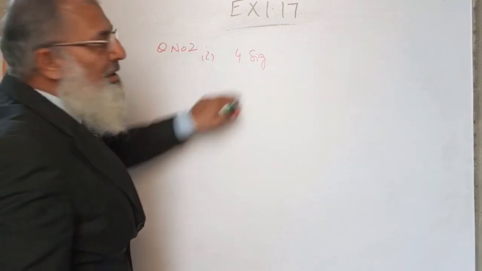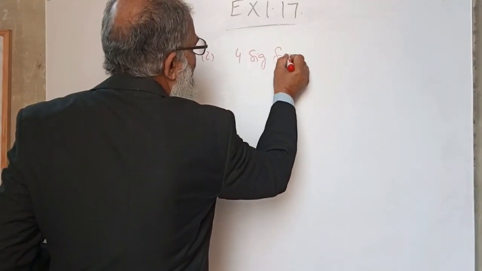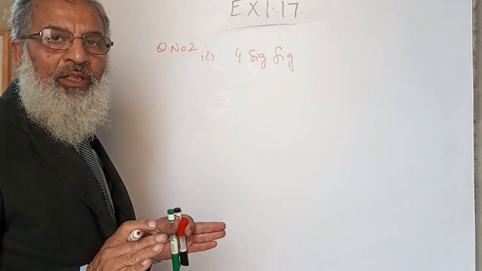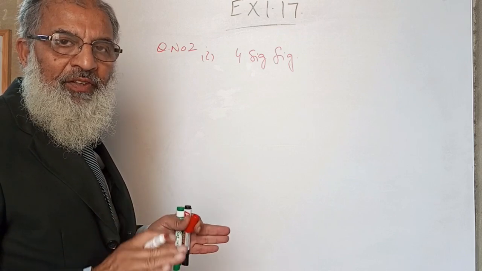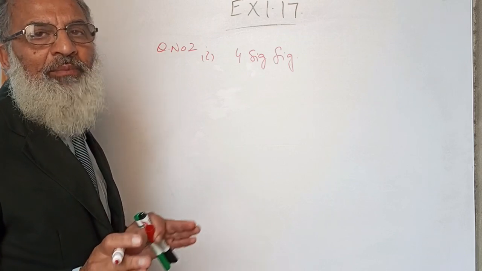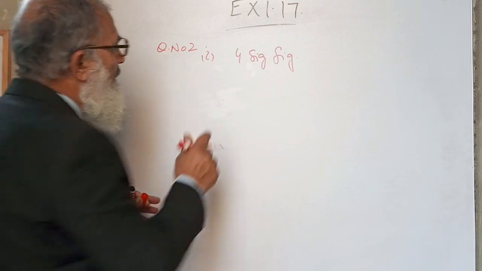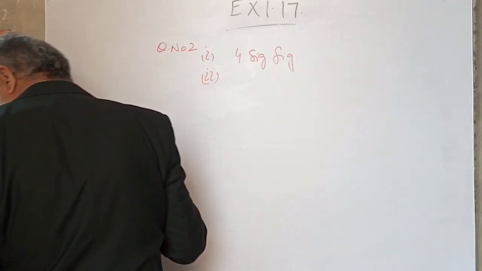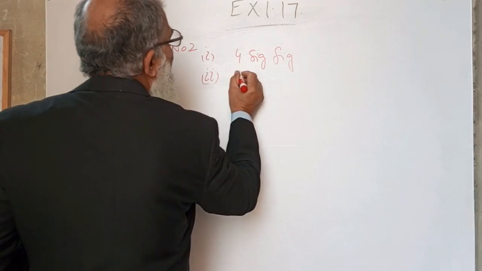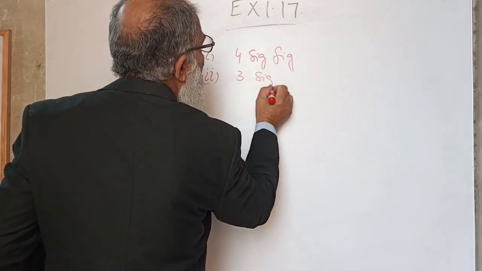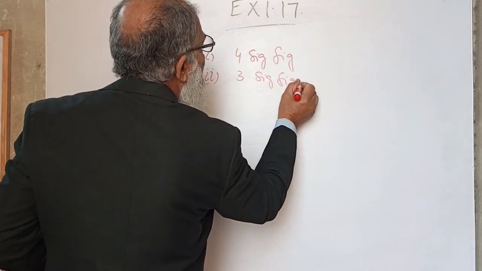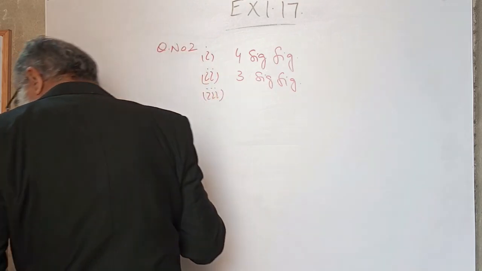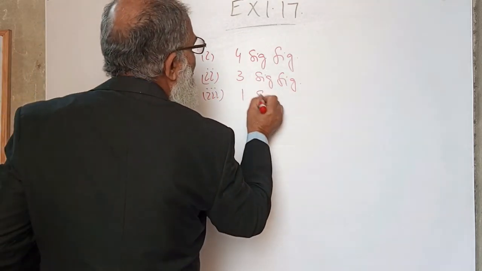Now a figure is something different and a decimal place is something different. Number 2, three significant figures. And number 3, to one significant figure.